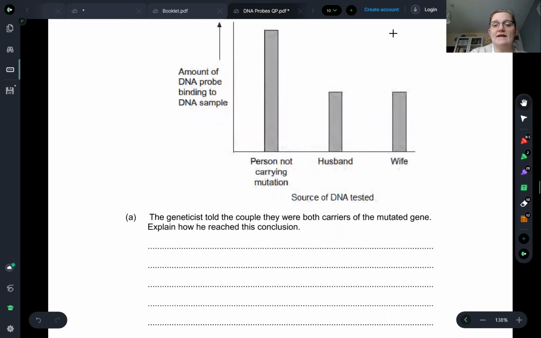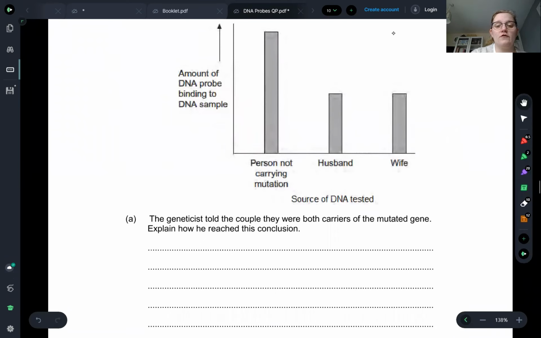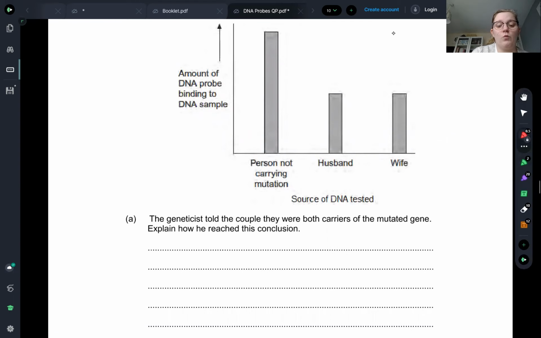So the geneticist then, from this research, told the couple they were both carriers of the mutated disease. Explain how you reached this conclusion. Well, looking at this, we could decide straight away that the carriers are heterozygous. So they have one normal copy and one mutant copy. So they don't have the condition. So how could they both be carriers?